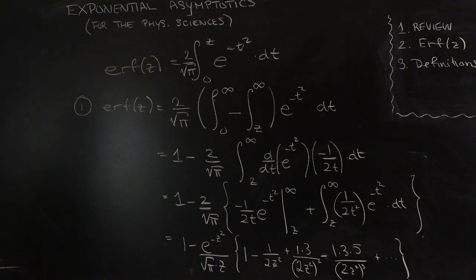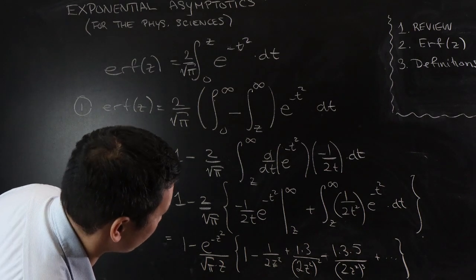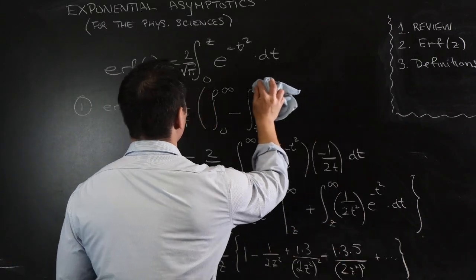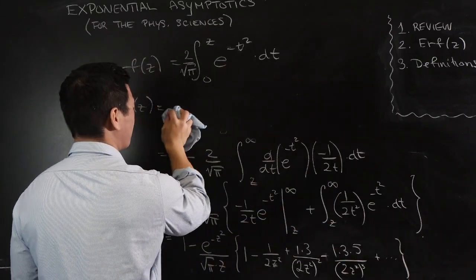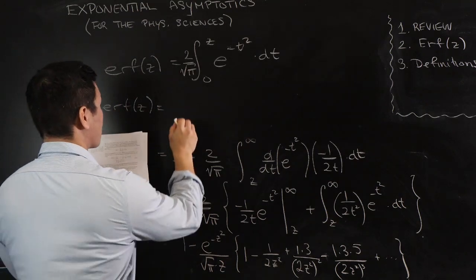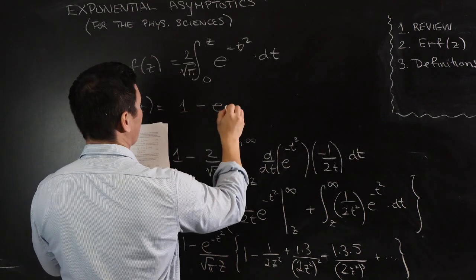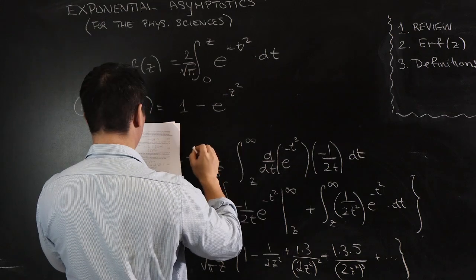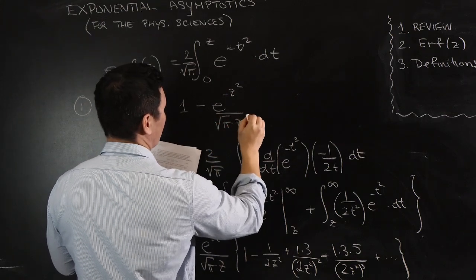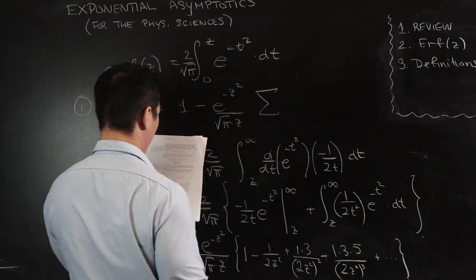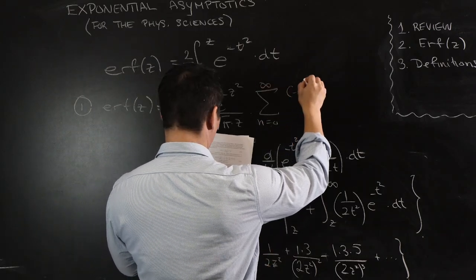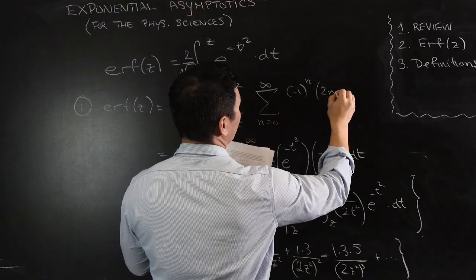Okay? And I can simplify this into a single expression if I like. I'll write that up here. So this is 1 minus e to the minus z squared over root pi times z, times an infinite sum from n equals 0 to infinity of minus 1 to the n, (2n minus 1)!!.